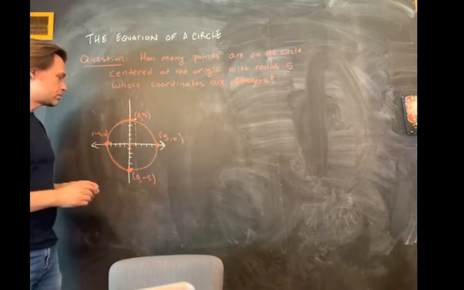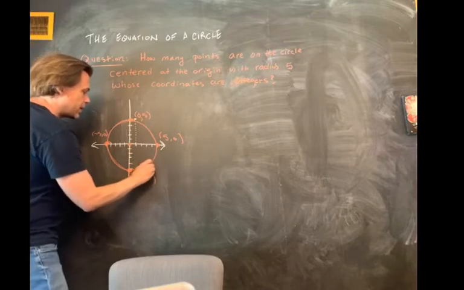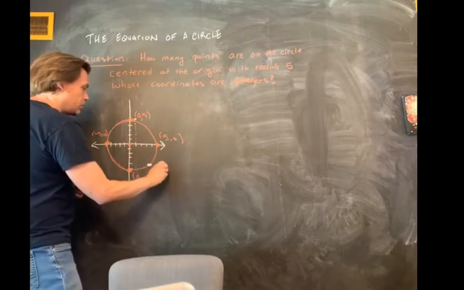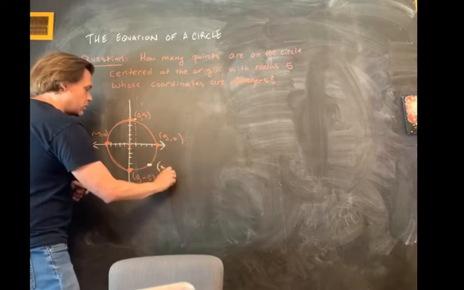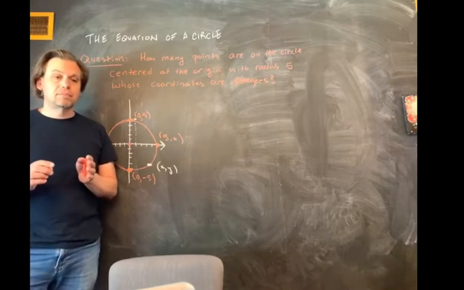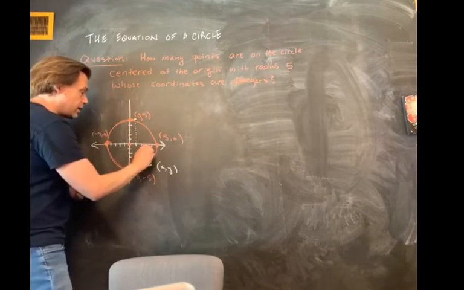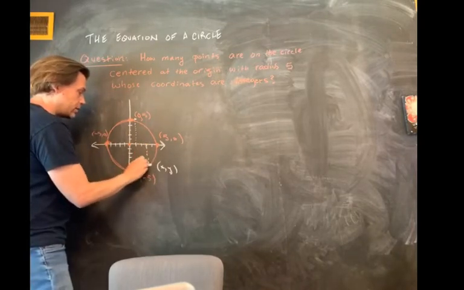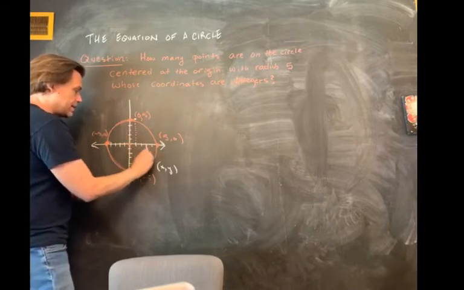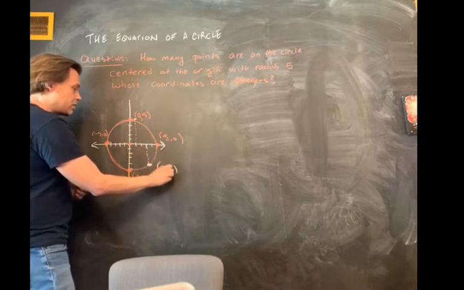Well, we can do this. Let me pick a random point on the circle. We would call it x, y, okay? And that point, I can do this to it. I can draw a line straight down. That distance here is the absolute value of y.